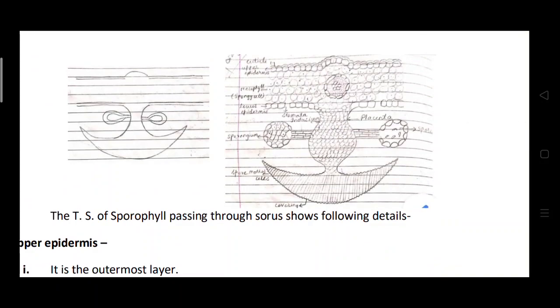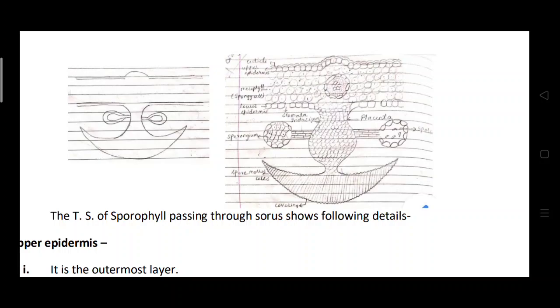I think there is some mistake in the labeling of this diagram. जो आपको सबसे एट द बेस जो पार्ट दिख रहा है दैट इज द इंडूसियम. जो मिडल पोर्शन आपको दिख रहा है दैट इज द प्लासेंटा, and on that placenta the small stalk and capsule-like structure is the sporangium.